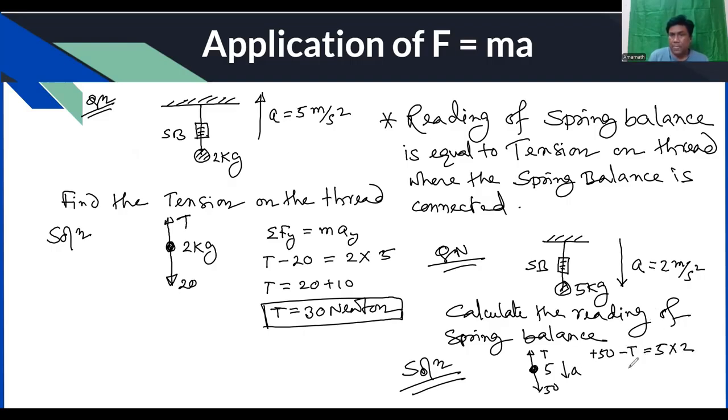The acceleration value is 2, so 50 minus T equals 5 into 2, that is 10. So T equals 40 Newton. And this is nothing but the reading of the spring balance at this moment. This is also nothing but the apparent weight only, because a spring balance or a weighing machine will give you the apparent weight only.